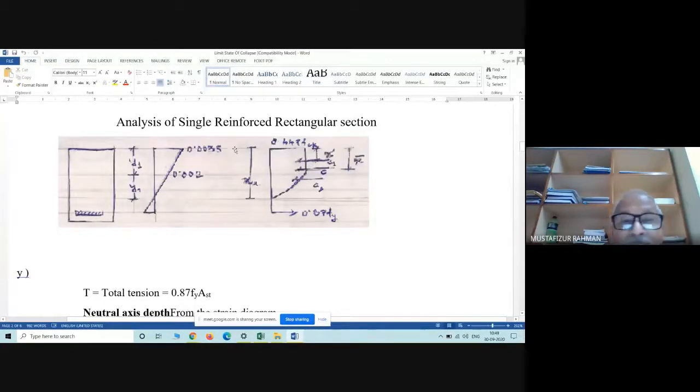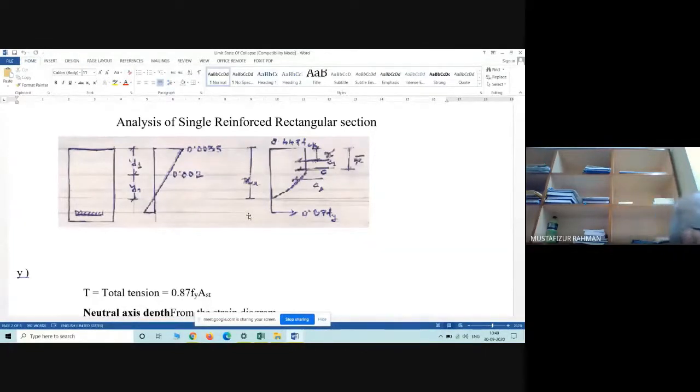Since strain is maximum here, stress will be maximum here. Strain is reducing, so stress is also reducing. Correct? Strain is 0 here, stress is 0 here. In this figure I have drawn the strain, but I have not drawn anything in the stress diagram because of our assumption.